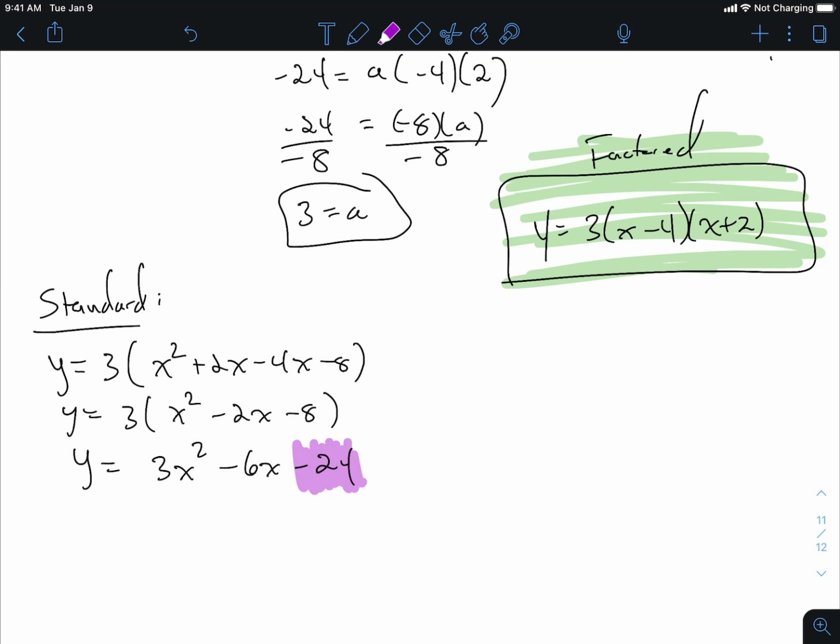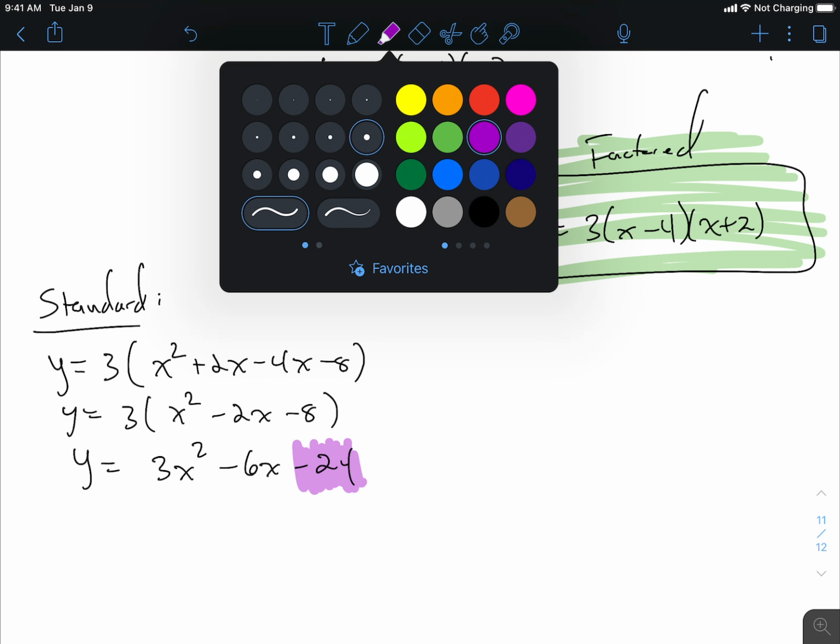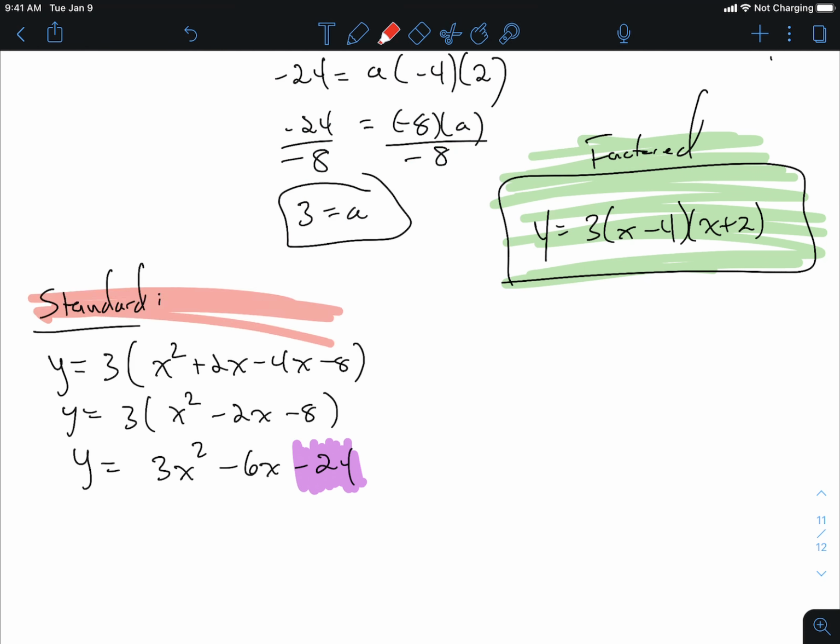The third one, we got to write it in vertex form. Okay? Could be a little tricky. You could do it one of two ways. It doesn't matter to me. What you can do is you have both of these things now, right? You have both forms of the parabola. You have standard and you have factored.